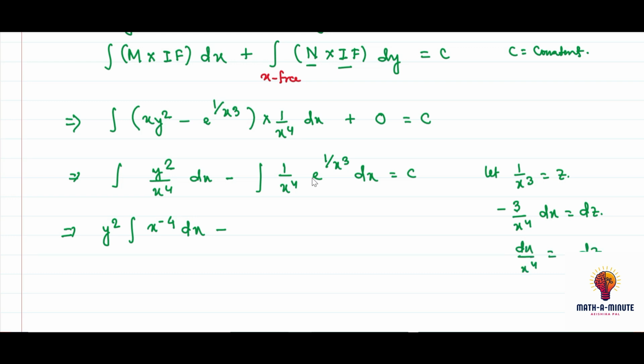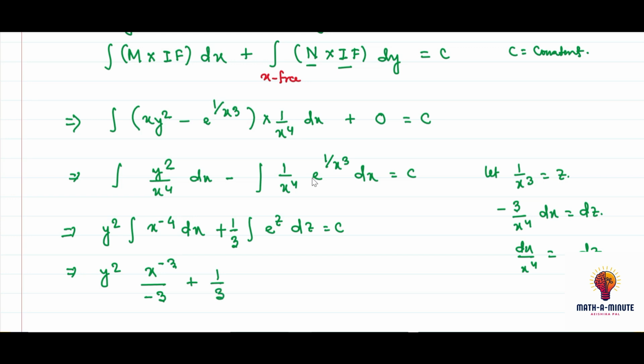So it will be e to the power z, minus times minus, plus 1 by 3 dz equals C. So y square x to the power minus 3 divided by minus 3 plus 1 by 3 e to the power z, since the integration of e to the power z is e to the power z.